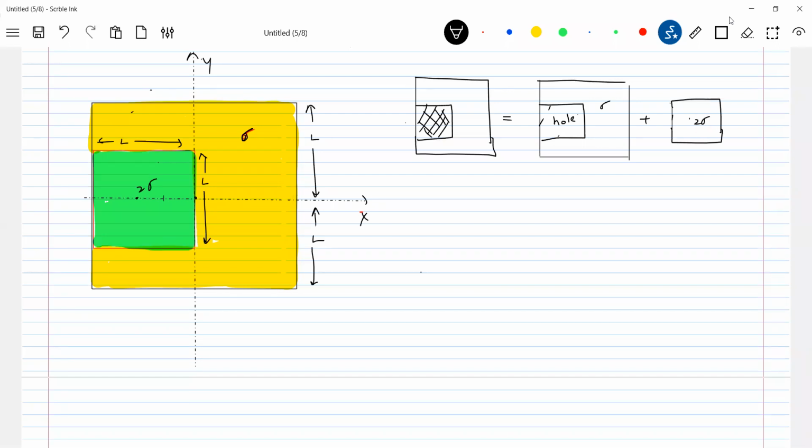Okay, got this one. So now you calculate the center of mass of this first diagram and the second diagram, then you'll get the required answer for this particular thing. There is no hole now. A material of 2 sigma is present here.